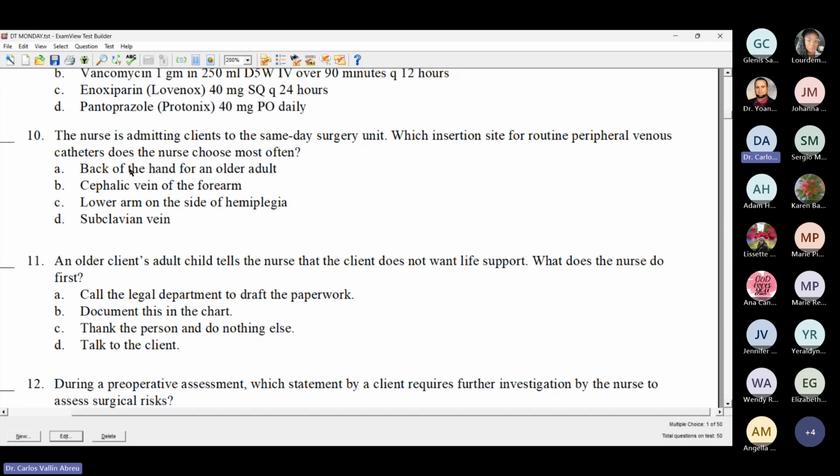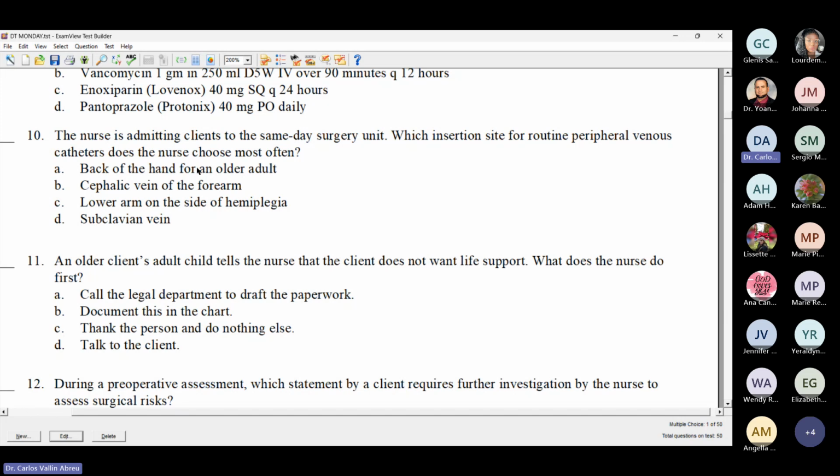If you don't have this concept clear, maybe you have seen nurses use the back of the hand a lot. The back of the hand is a very painful area to catheterize veins, because in the brain the hands are very extensively represented.